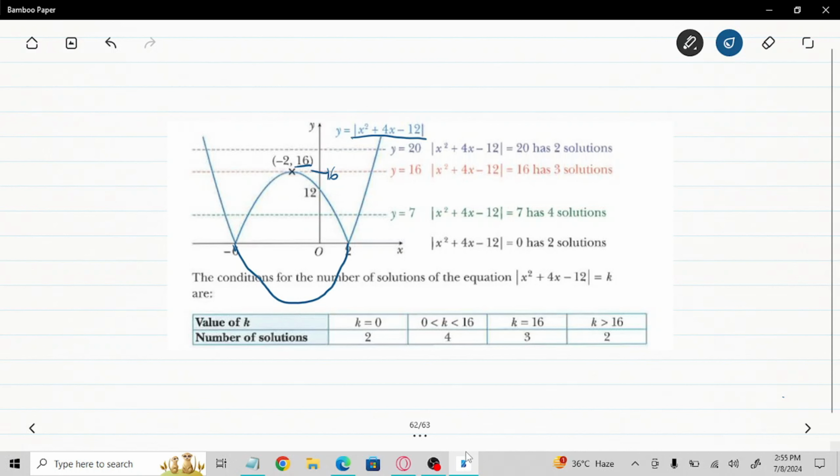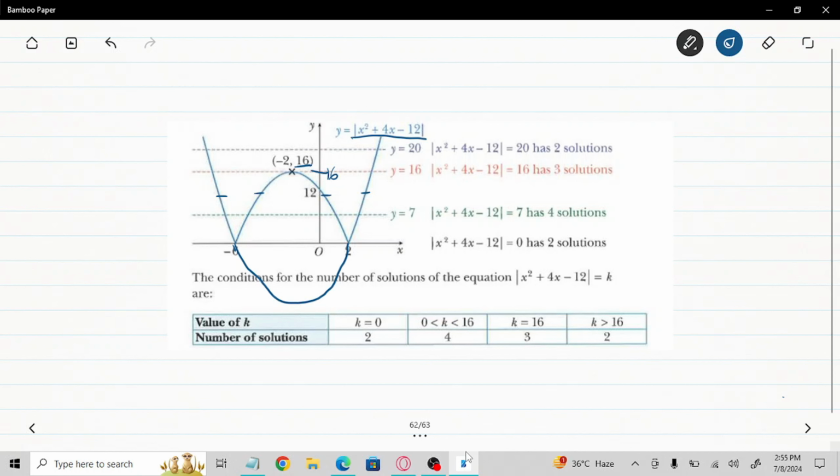I'm just taking this example from the book. So whatever y value is lesser than the maximum point, in a modulus graph after it is reflected, it is going to have 1, 2, 3, and 4 solutions.